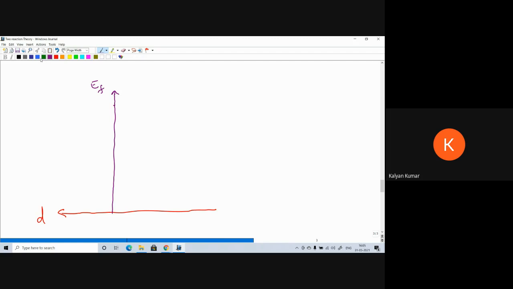Now the voltage vector V will be at an angle delta lagging EF. Delta is called the load angle or power angle. It is the angle between V and EF. And IA, the armature current, will be at an angle theta lagging V.